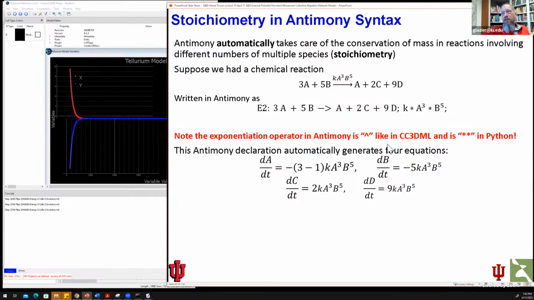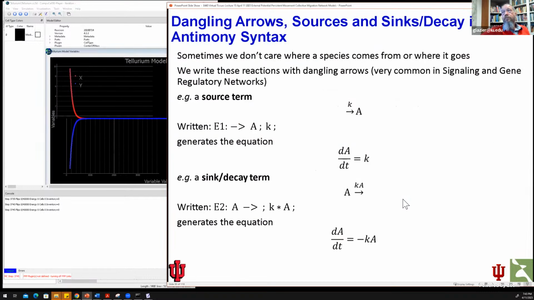One thing to remember is if I'm exponentiating, Antimony uses the caret instead of the double star for exponentiation. Sometimes I have a molecule created out of nothing. I have a source. I can write nothing goes to A at a rate K. So I can have a dangling arrow.